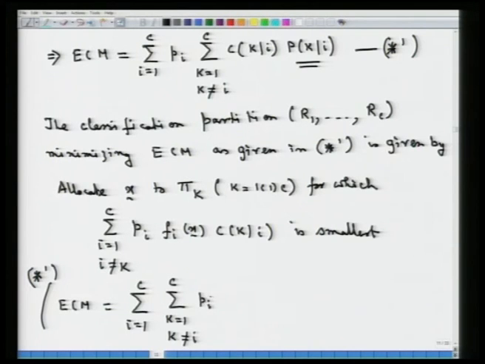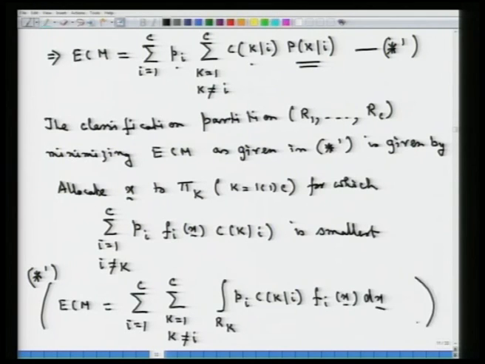So, we will have a pi, let me also take it inside. So, we will have an integral here over R_k of f_i(x) dx. So, rather than writing it in this form, I will also take these constants inside the integral. I will write it as pi into c(k given i), this into f_i(x) dx.